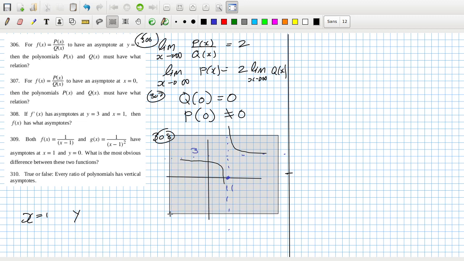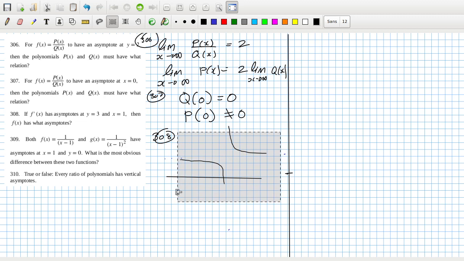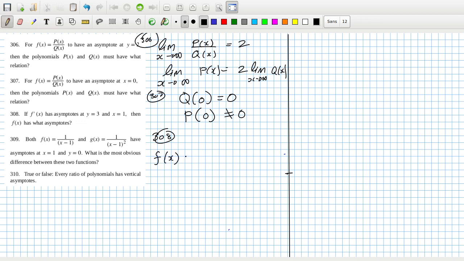I do actually want to reconstruct it if I can. Let's see if I can. Okay, so the function would be, I'm going to say definitely an x minus 1 here. And then I'm not sure what to put on the top, but we'll just say ax plus b.